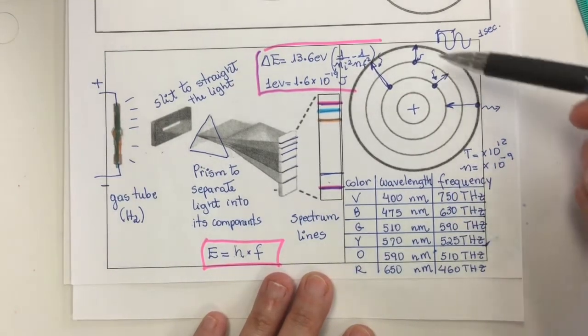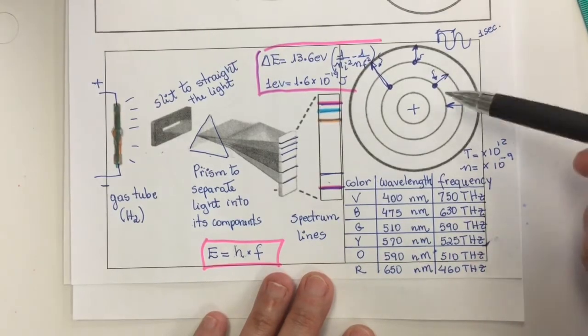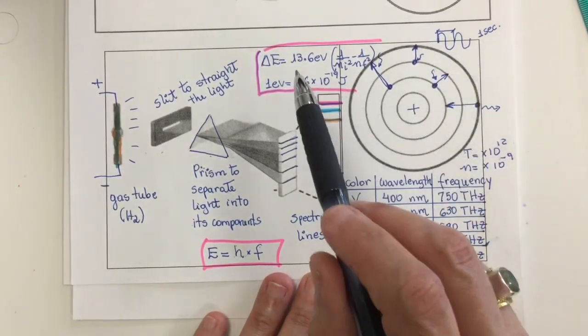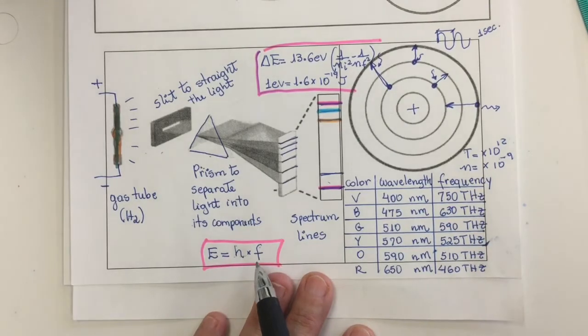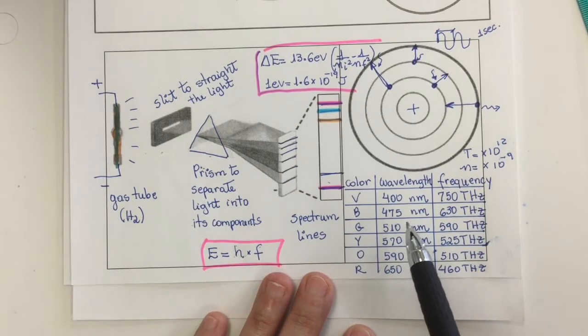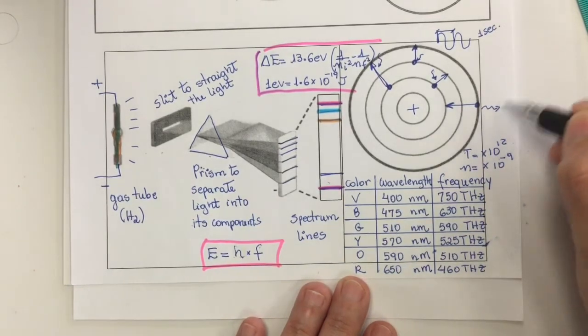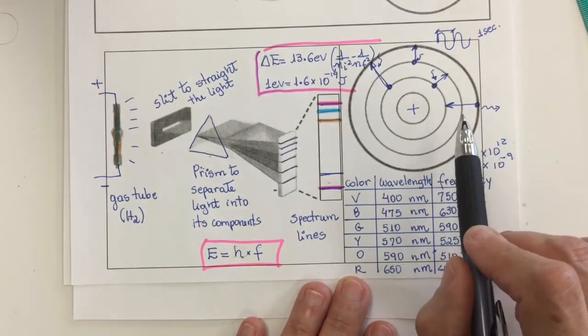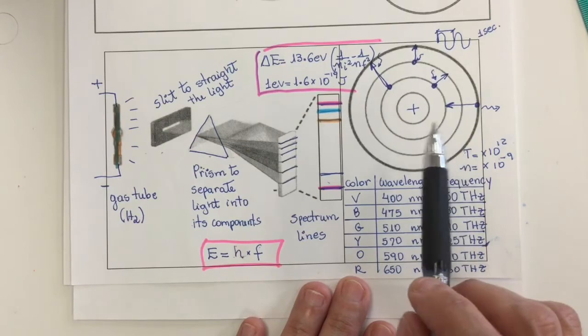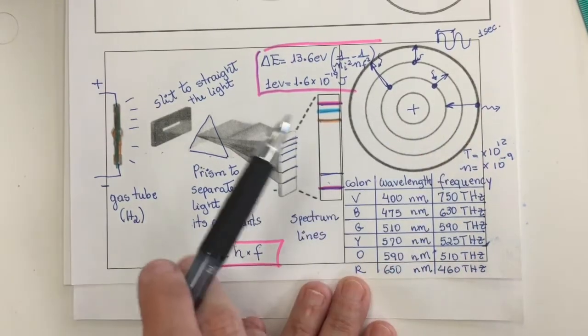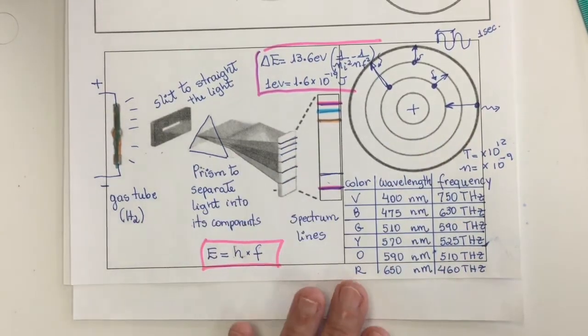Each color travels as a wave, and each wave has a specific wavelength and a specific frequency. So we can translate the energy from the electron jumps into a frequency and find the color of light emitted by the jumps. That's how he could understand how he got these spectrum lines.